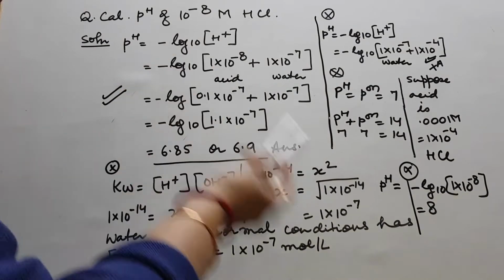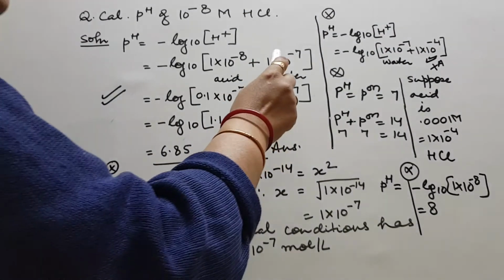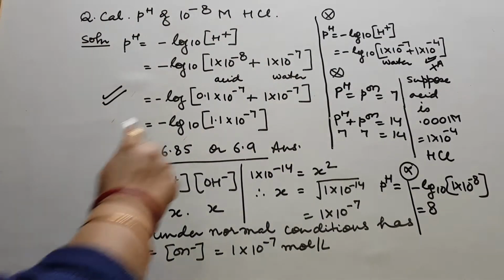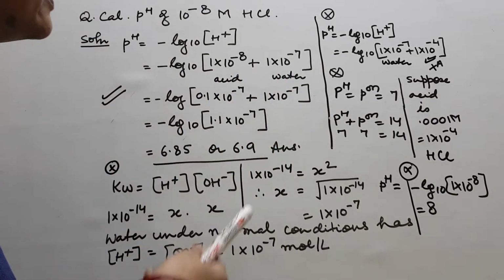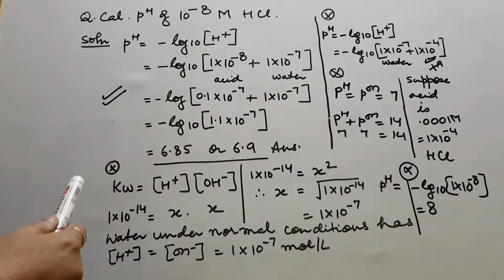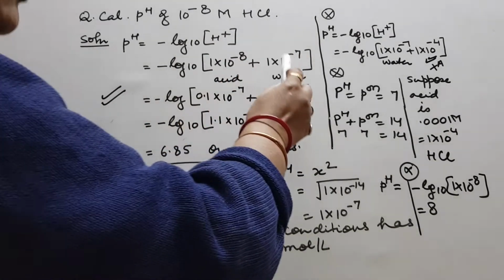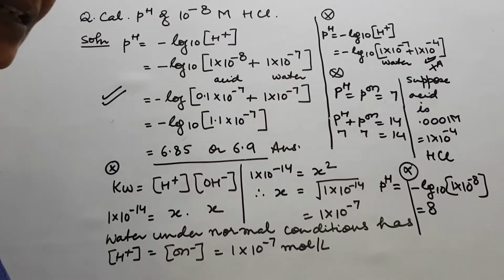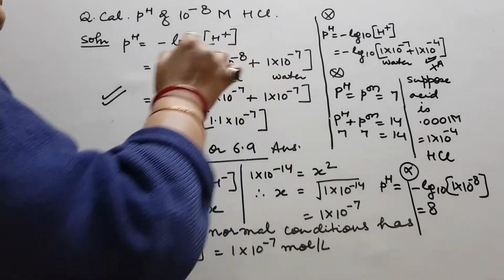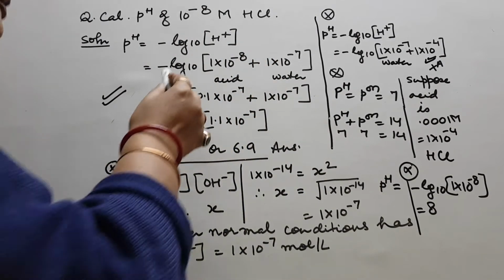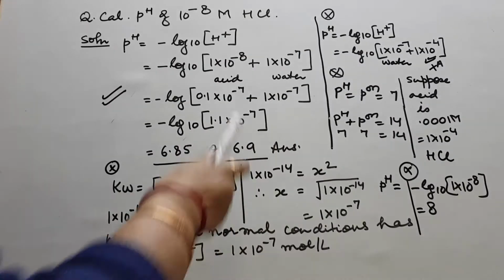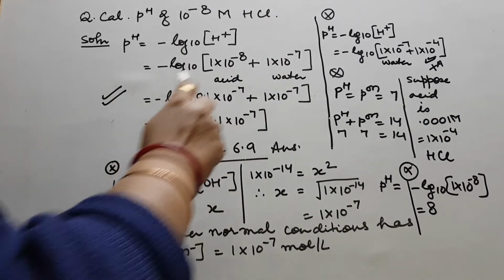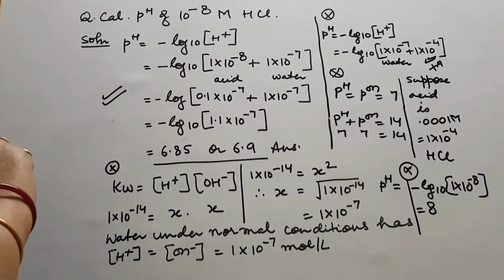Hence, we are bound to take into consideration the H plus coming from water, which we can see clearly is much higher than what we are getting from acid. Water is providing us more H plus ions per liter than what acid is providing us. So we have to add up, incorporate, take into consideration both the values. This coming from water, this coming from acid.